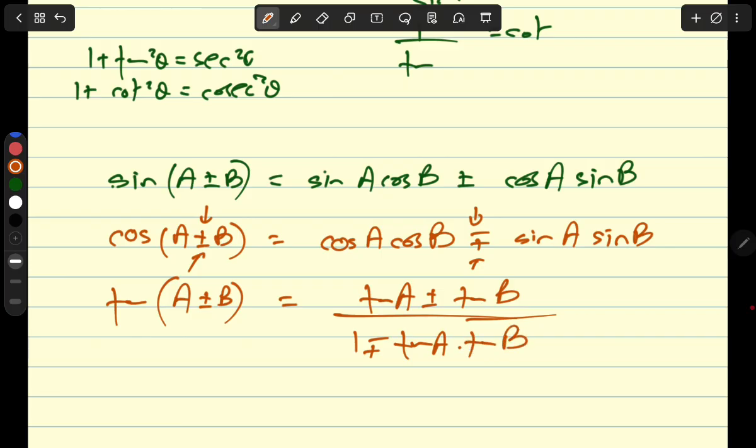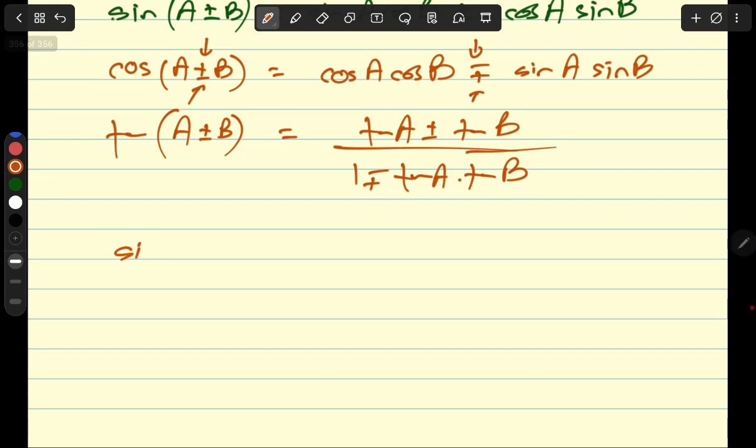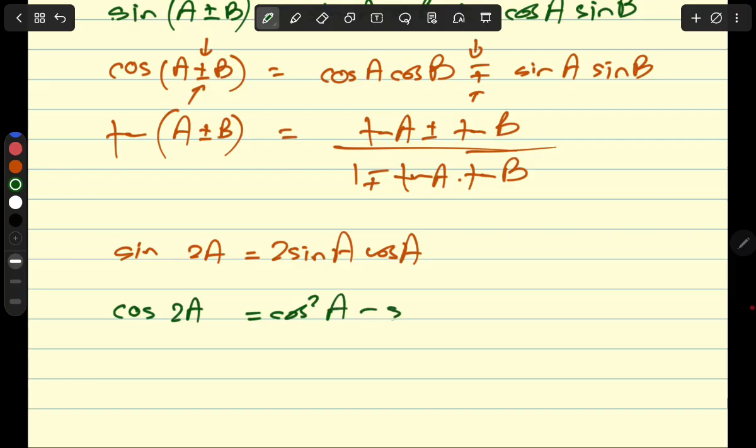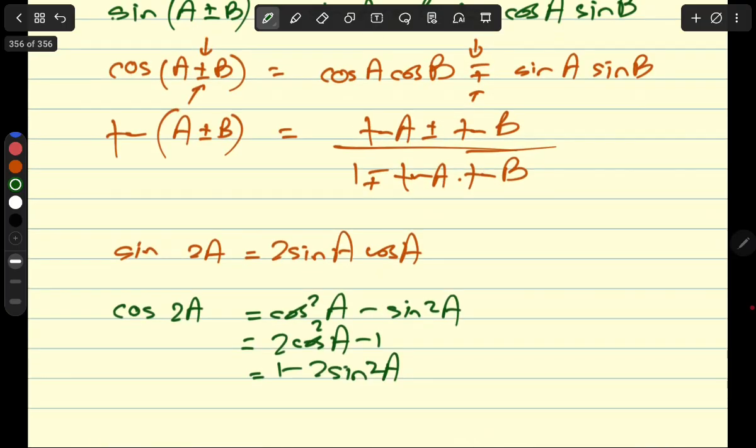Then we extended them into the double angle identities: sin 2A is 2 sin A cos A, and cos 2A is cos squared A minus sin squared A, and two more variations, 2 cos squared A minus 1 and 1 minus 2 sin squared A, which we use very frequently in integration.